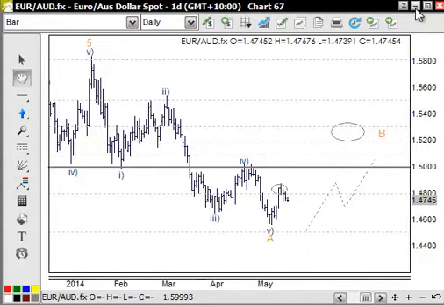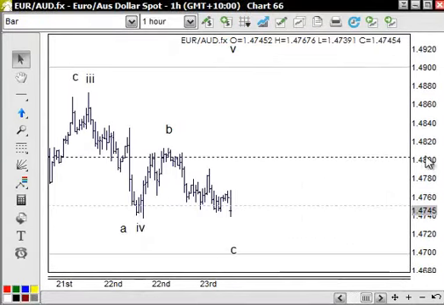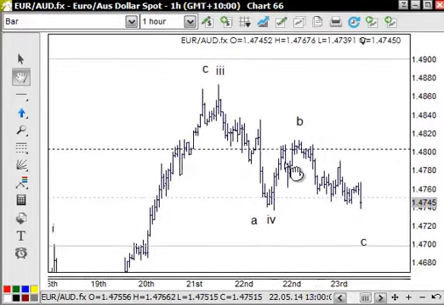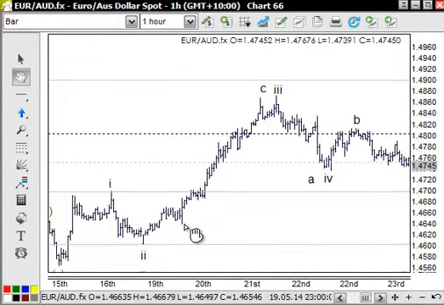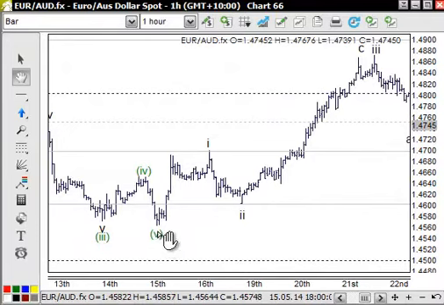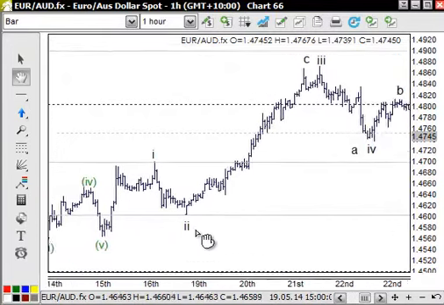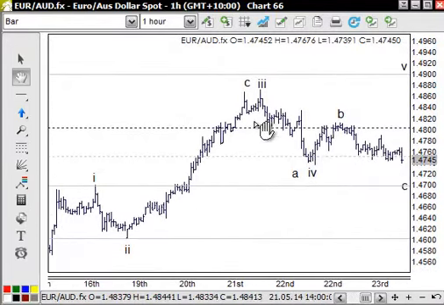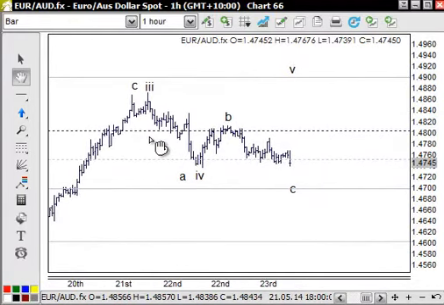So in terms of the internal structure here, from the low here, we've got wave 1, wave 2, a nice 3rd wave up here, which could be wave C and finishing here. But we're looking at it as wave 4 in terms of this does appear to be corrective to this point.